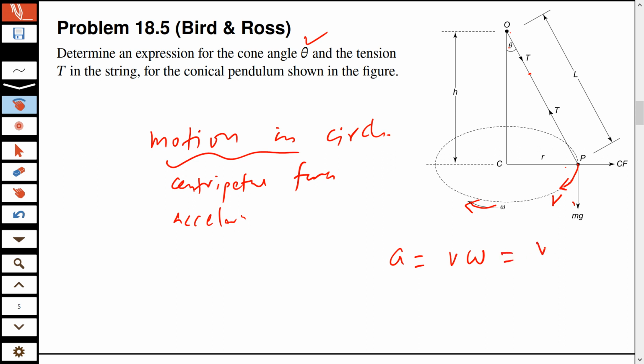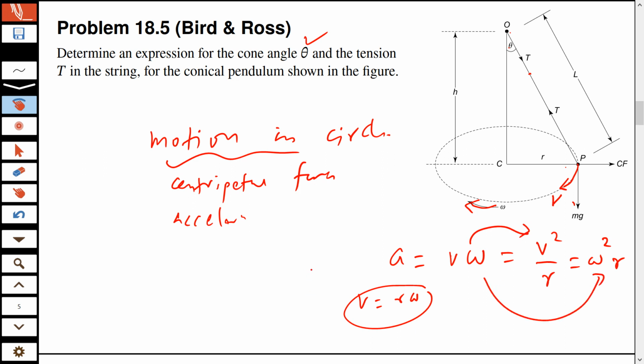And you could have written this either as v squared over r or omega squared times r, because v is equal to r omega. This formula helps you to turn this either into this form or into this form.